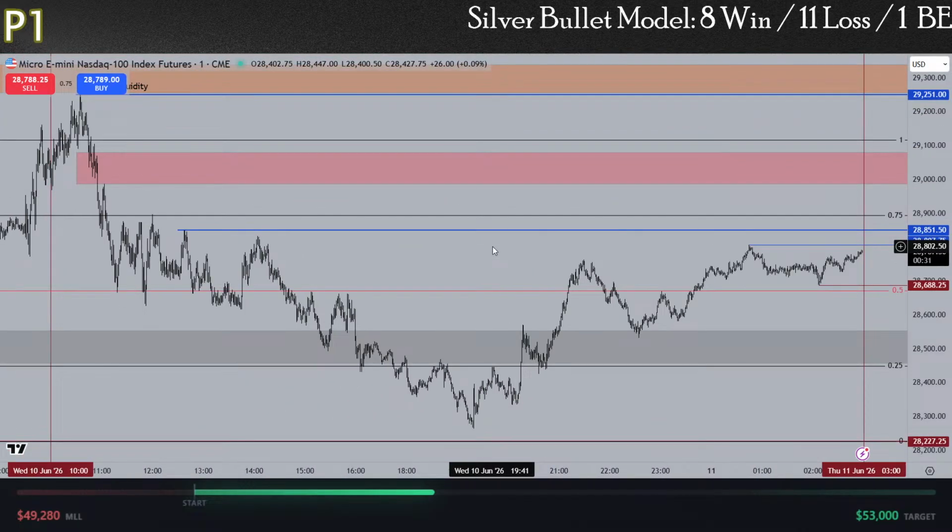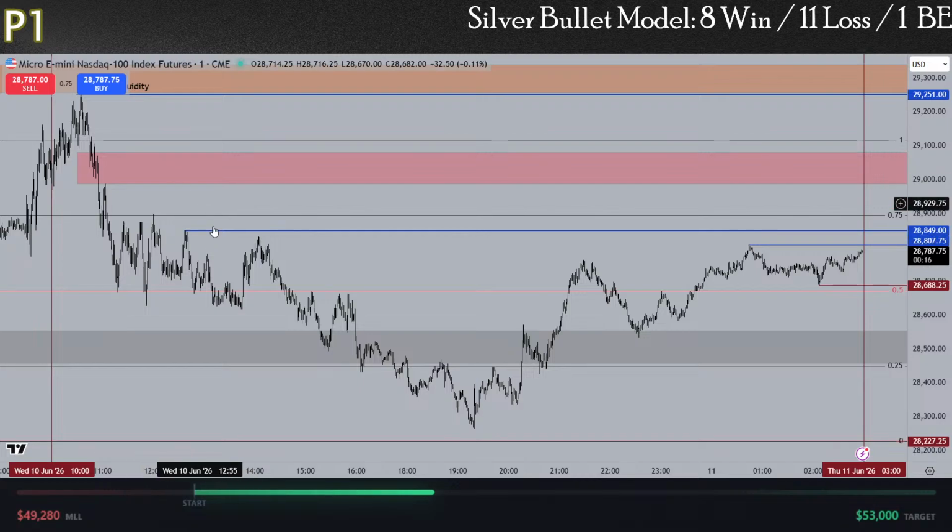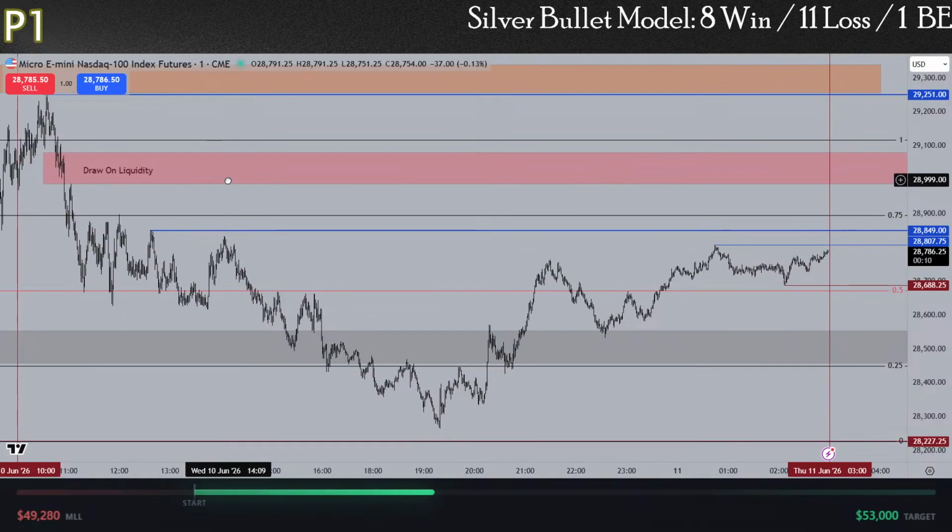So yeah, this is fair enough, I suppose. So the buy side here, near term, a little bit further advanced this inefficiency. These are the two points of interest.